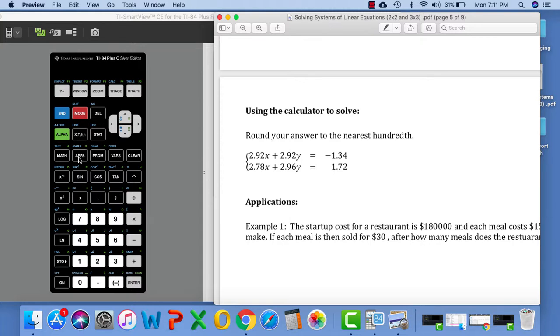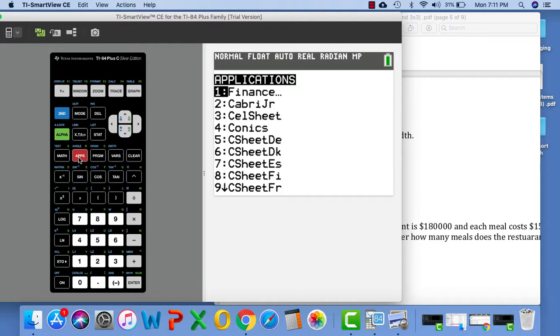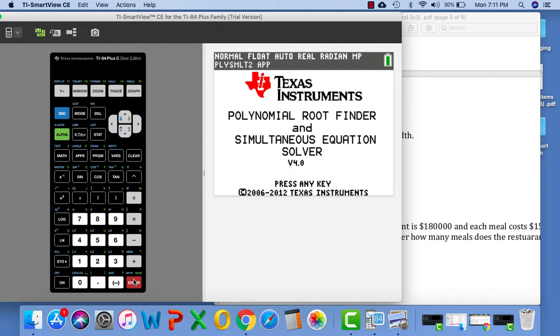You're going to push the apps button, and then you're going to scroll down and look for an app that stands for Polynomial Simultaneous Equation Solver. And here it is right here. So you're going to hit enter on that. And then this menu comes up where it says Polynomial Root Finder and Simultaneous Equation Solver. I'm going to hit enter again.